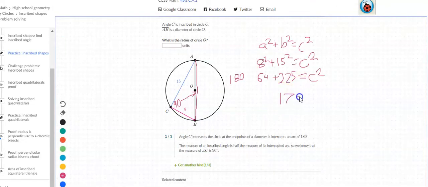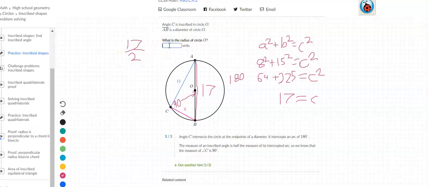So 17 equals C. And then it asks me for the radius. So radius is just 17 divided by 2. Usually this will let you put it in as a fraction form. So you can just put it in as 17 divided by 2 if it's not equal. And it took it. We also could have put that in as 8.5. Khan Academy will usually take it anyway.